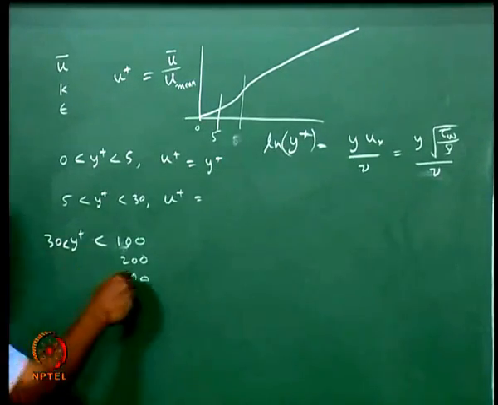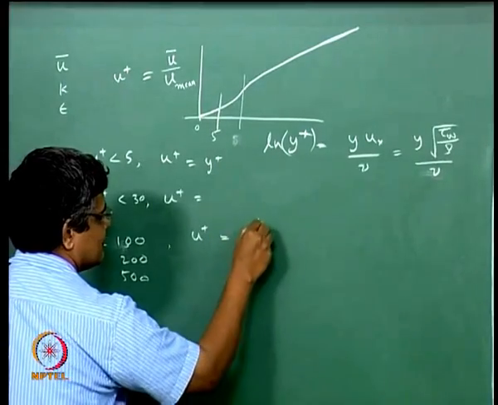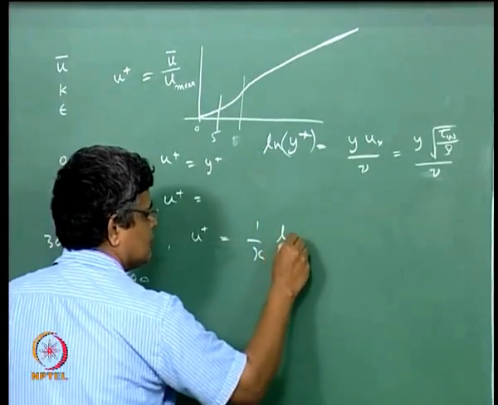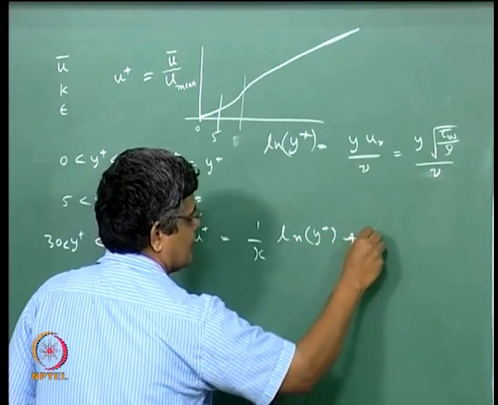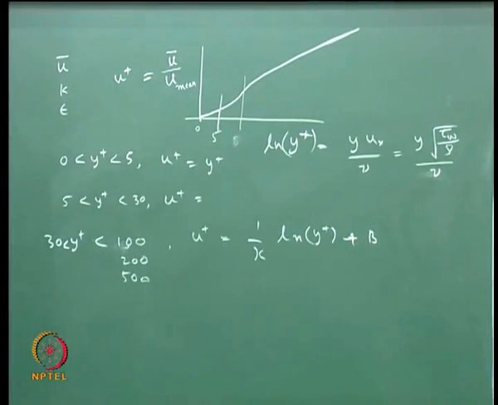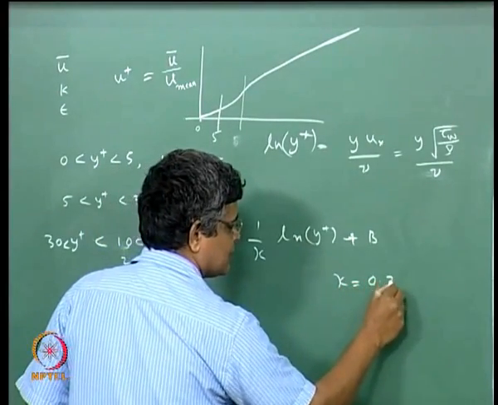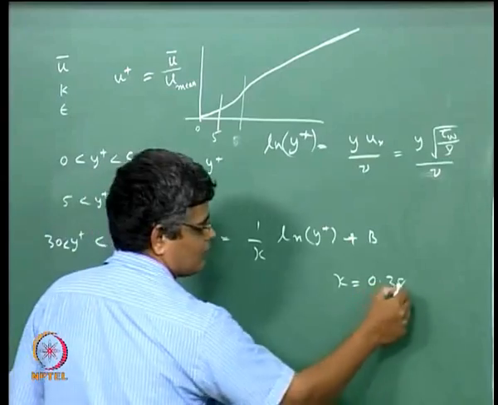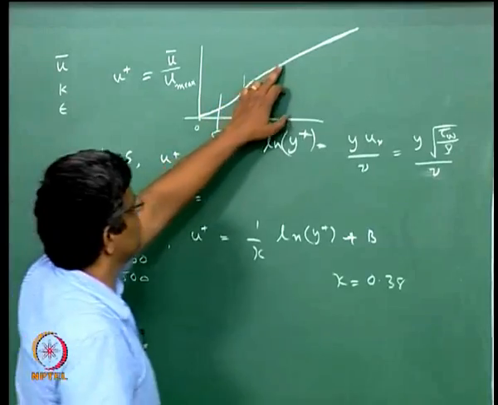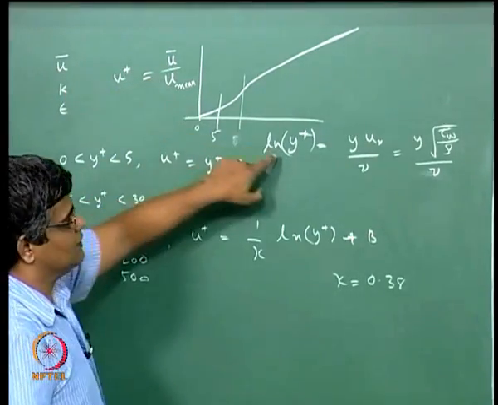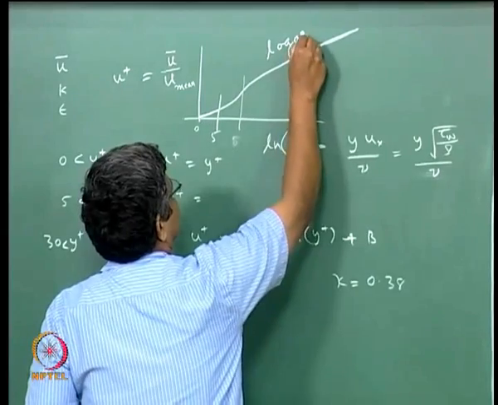There is a region in which this u plus can be expressed as 1 by kappa ln y plus plus a constant b, where kappa is a constant. We are familiar, it is around 0.4, 0.38, 0.41, 0.42 like that. So this has a slope of about 2.5 when plotted as u plus versus ln y plus. So this is known as the logarithmic region.